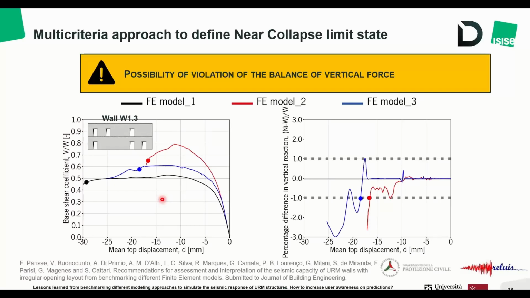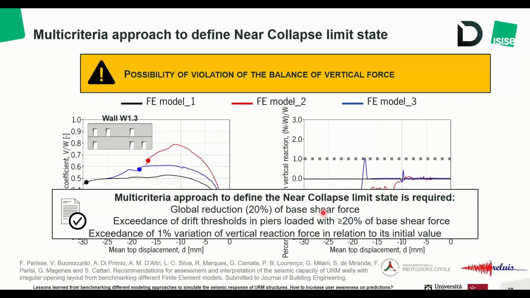And when checking the percentage variation in the vertical reaction during the analysis, you can see that in some cases this percentage variation starts to increase a lot, and if it is higher than 1%, we actually stop the analysis and fix our near collapse limit state at this point. So for this reason, we also proposed a multi-criteria approach to define the near collapse limit states that considers also this additional check on the variation of vertical force during the analysis.